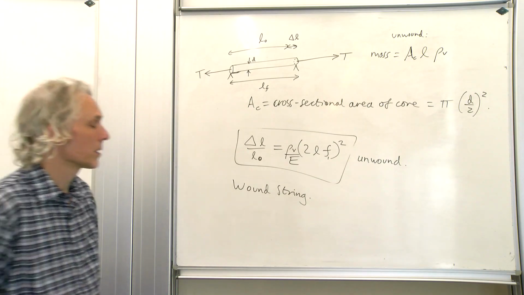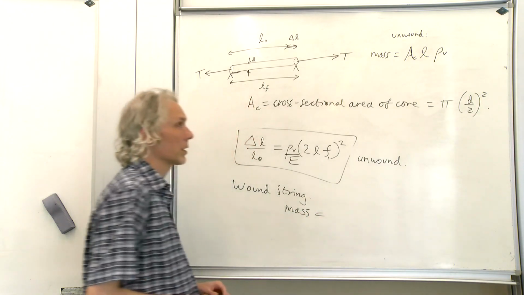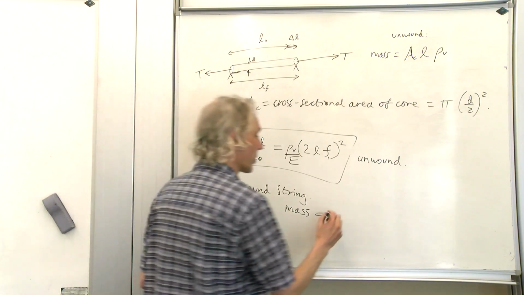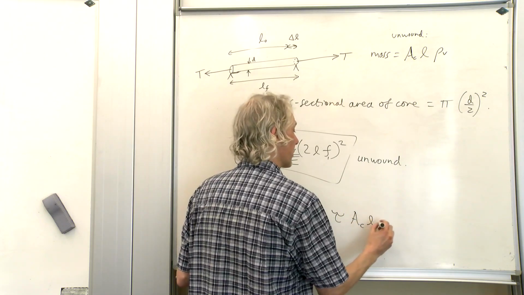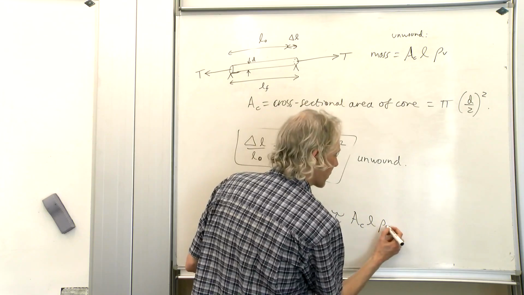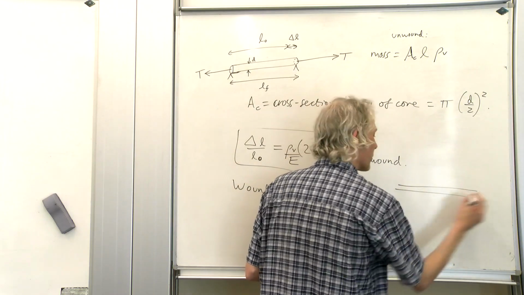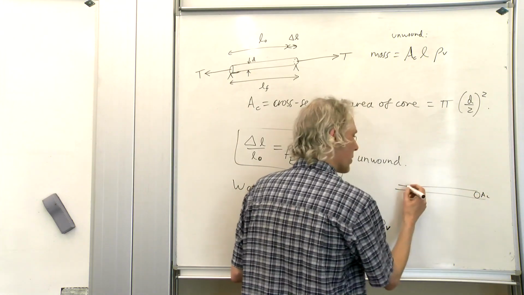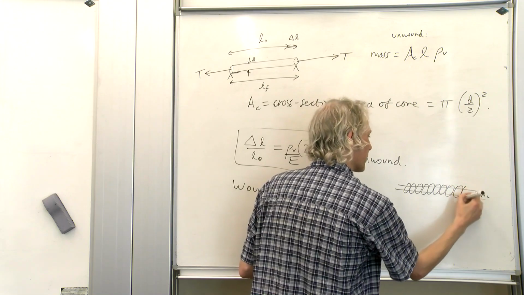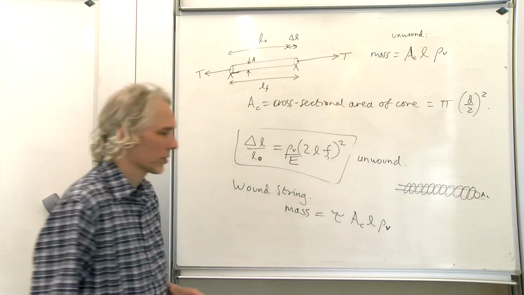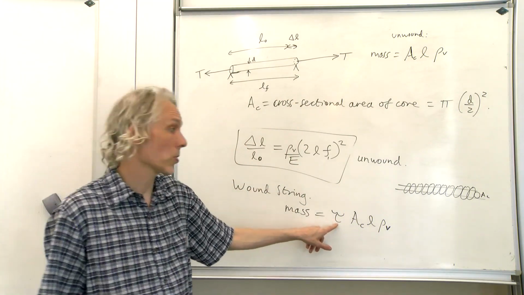So the mass for a wound string is going to be bigger, and it's going to be bigger by some factor, and we're going to call that factor tau for the moment, because you've got the volumetric density, but the string itself has got the cross-sectional area AC, but then it's got windings on top of that, and the windings are going to be adding to the mass, and we result in a bigger mass, and the factor by which the mass is bigger is going to be called tau.